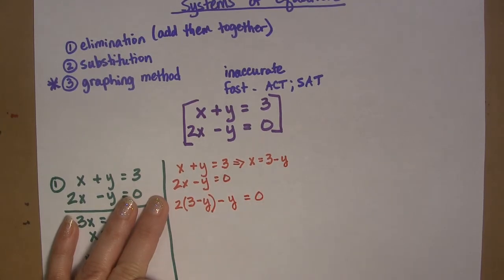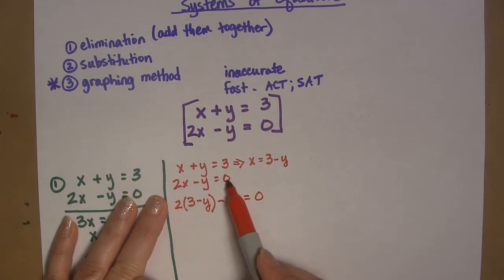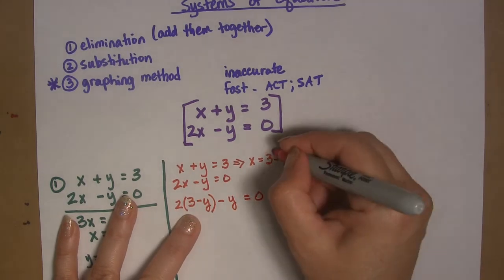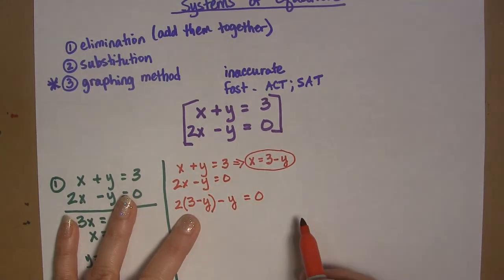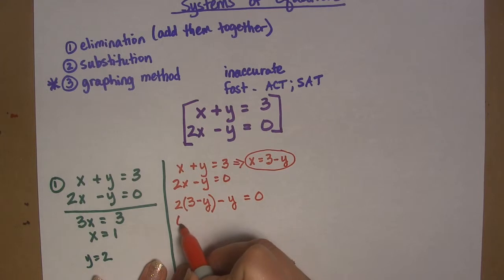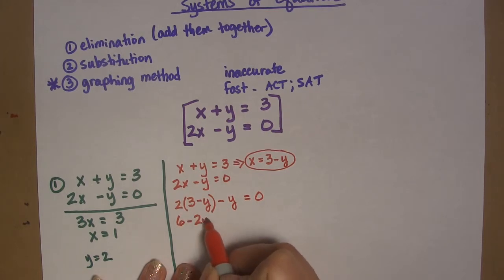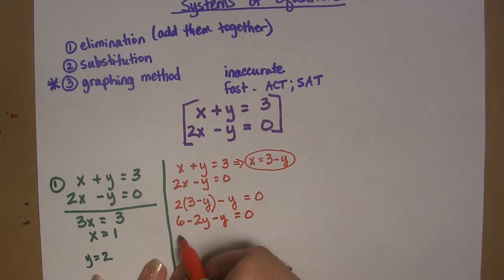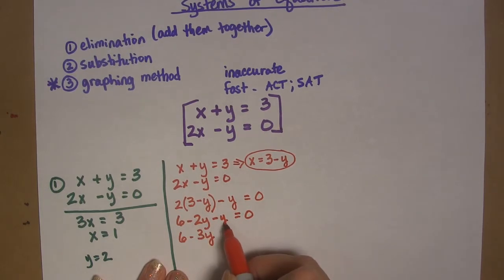equals 0. I just copied this equation down, the 2X minus Y equals 0, but instead of the X, I put in this. So then that's 6 minus 2Y minus Y equals 0. 6 minus 3Y equals 0. Subtract 6 from either side.